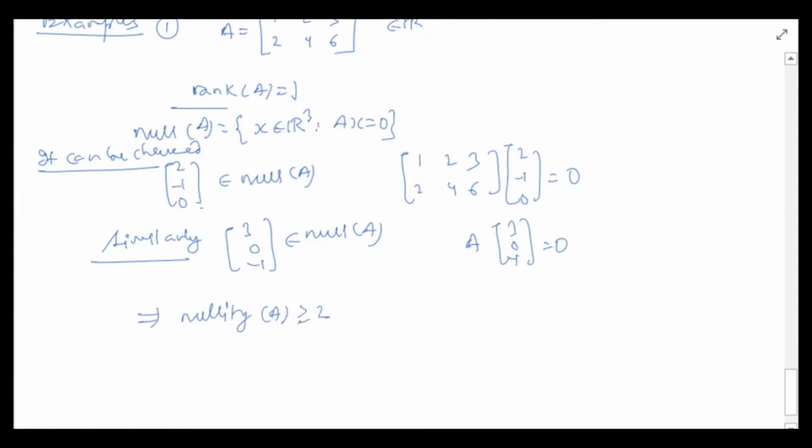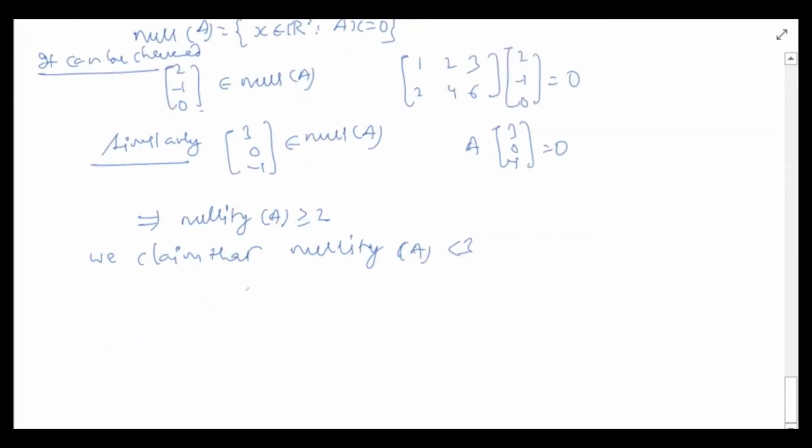However, we will see that the nullity of A cannot be 3. For the nullity of A to be 3, all the vectors in R^3 should be in the null space of A. We claim that the nullity of A cannot be 3. Why is this true?